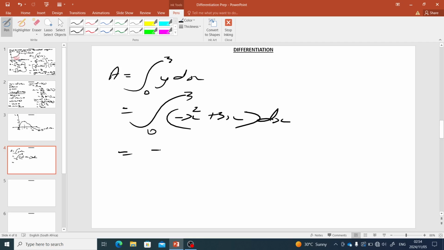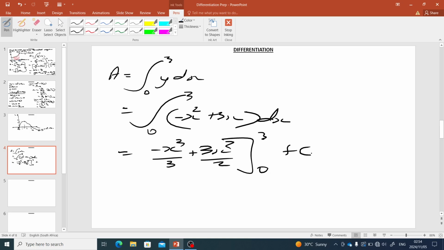We can then integrate and take the formula to its original state. Then we are having negative x cubed divided by 3 plus 3x squared divided by 2, limits 3 and 0, plus c. Don't forget that c there. Then we can substitute x with 3.